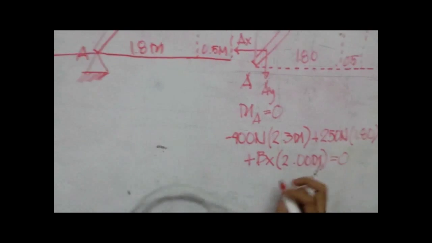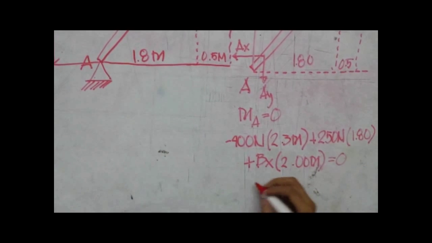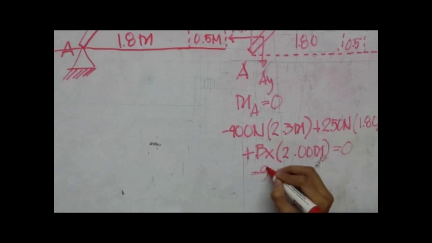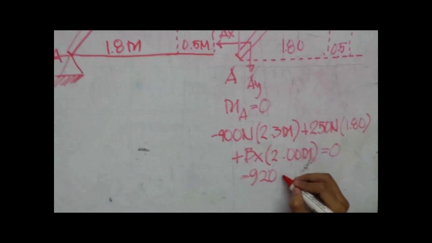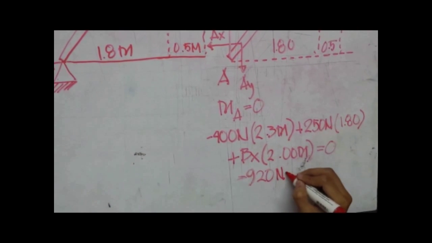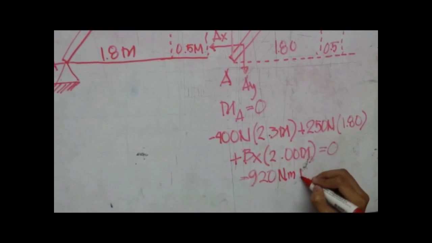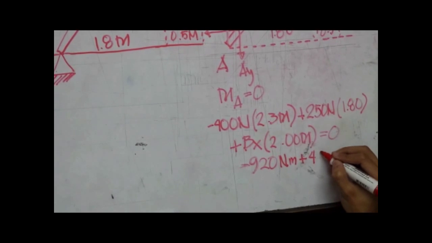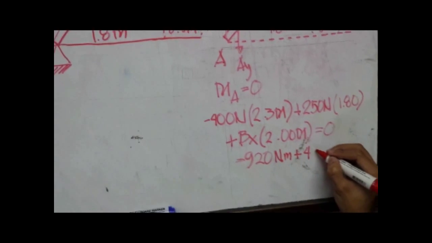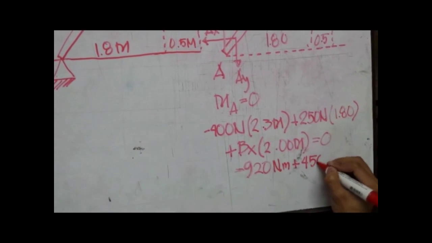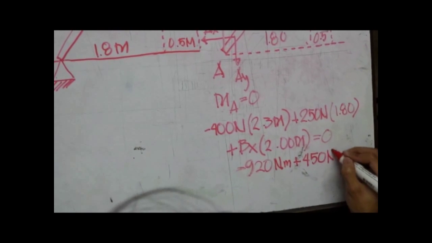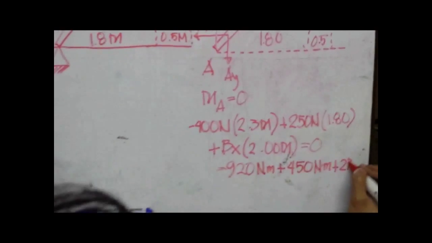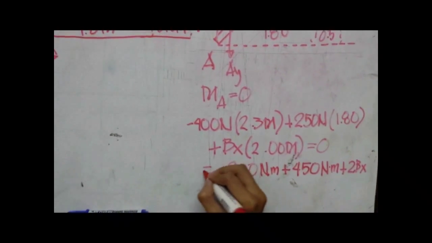Negative 400 multiplied by 2.3 meters is equal to negative 920 Newton meter, plus 250 times 1.8 is equal to 450, plus 2Bx, all equal to 0.